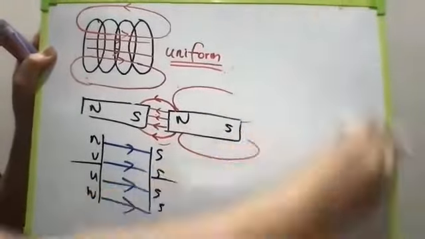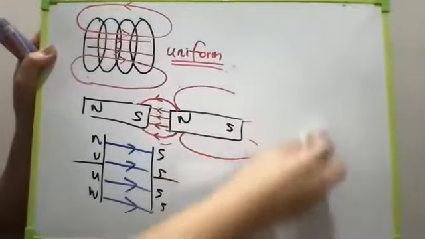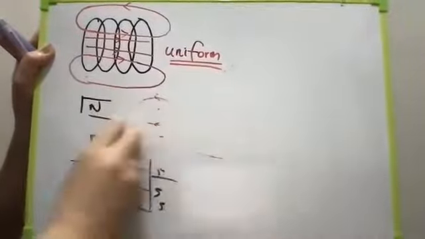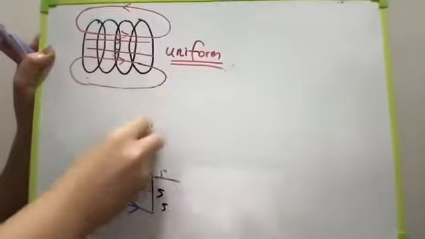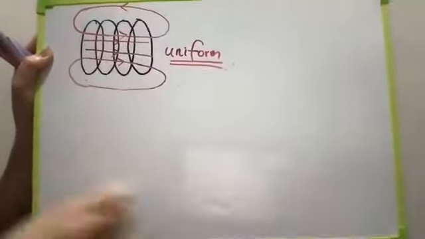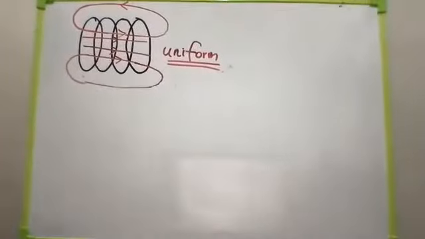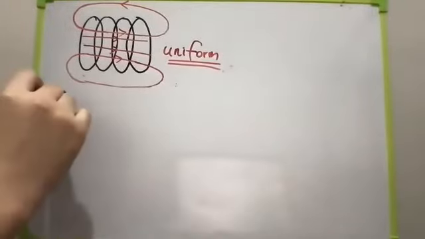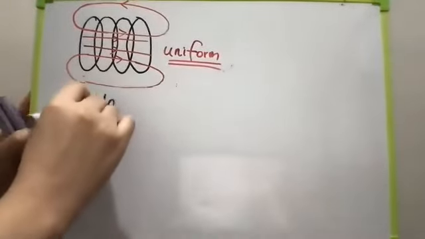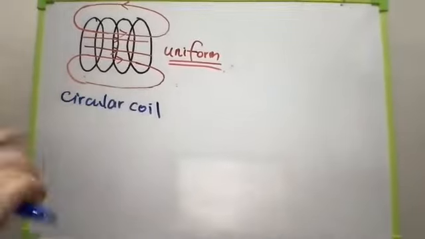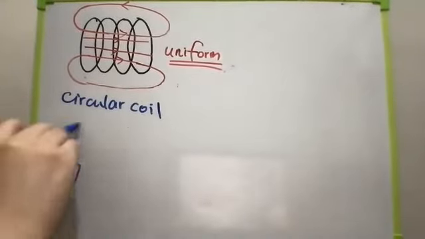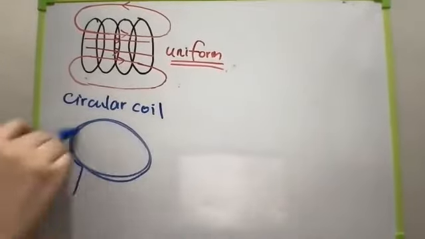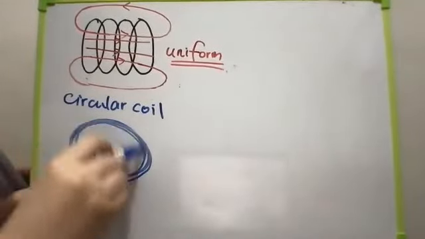First of all, what is a solenoid? What's the difference between a circular coil and a solenoid? A circular coil is like I take a wire: one round, second round, third round, fourth round, fifth round, like this.